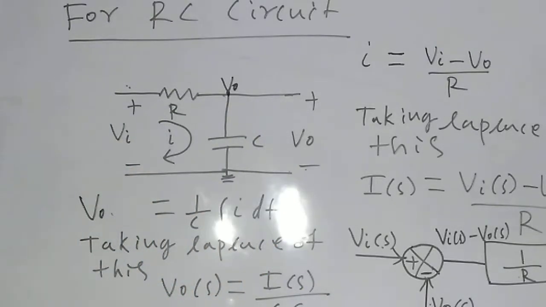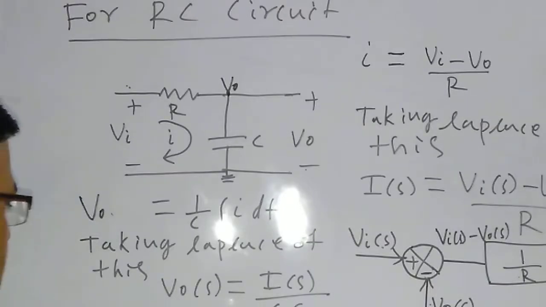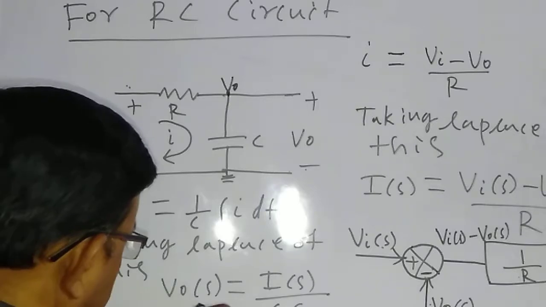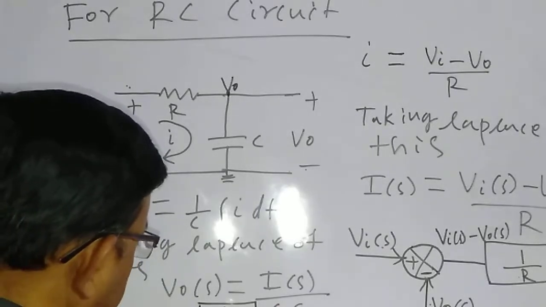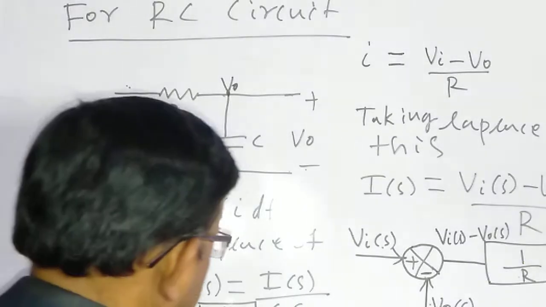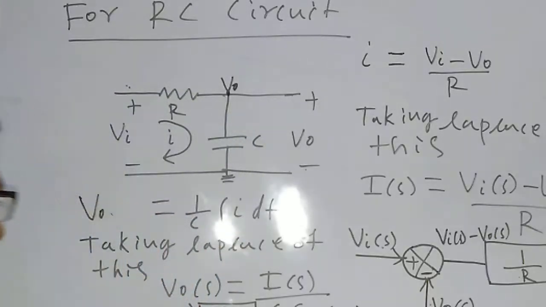So taking zero initial condition, V naught of s is this much. So now we can draw the block diagram for this, that is 1 by Cs, this is I of s, and this is V naught of s. So this is the block diagram representation of this equation.